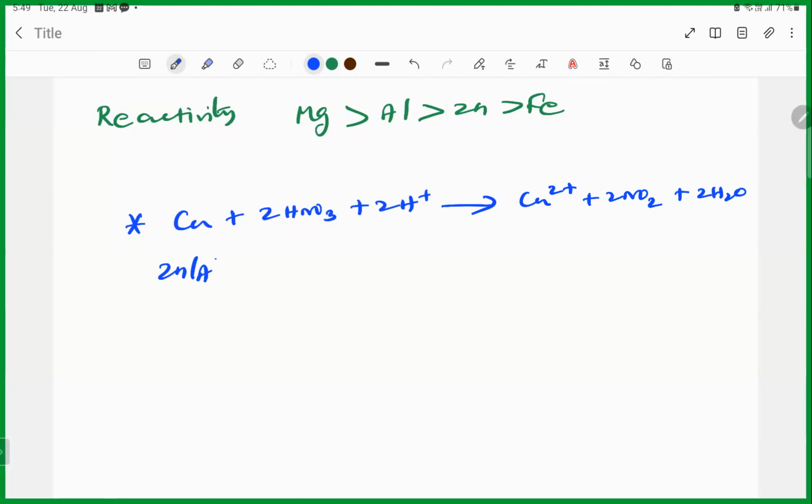Zinc and aluminum show no reaction, but the copper slowly produces NO2. Aluminum and zinc do not react with concentrated nitric acid because it is hard to dissolve the oxidation layer.